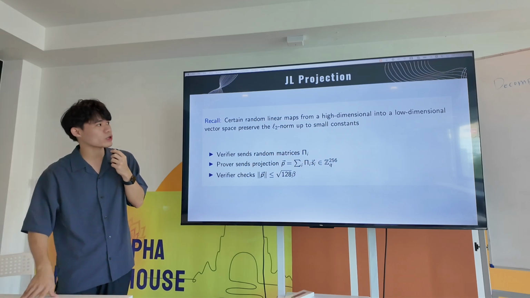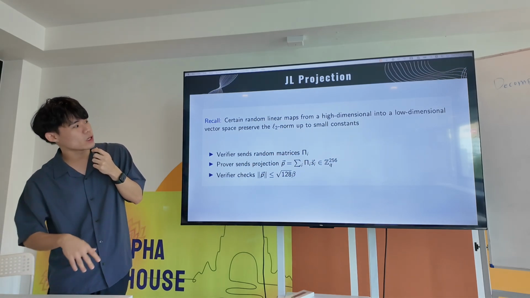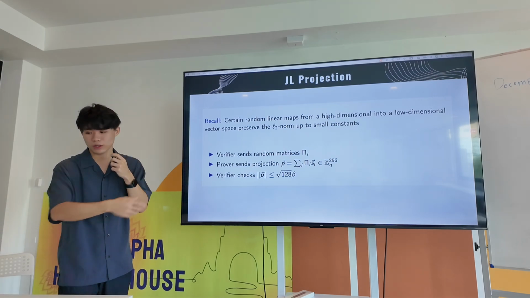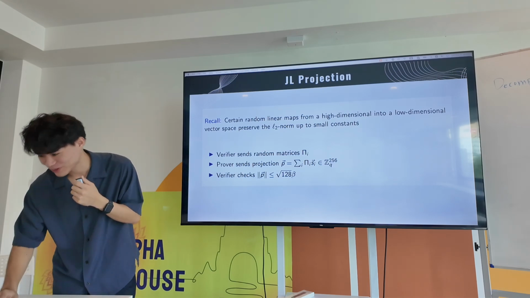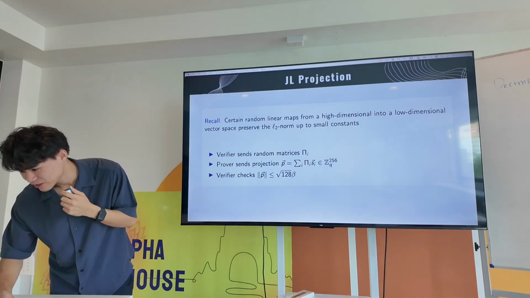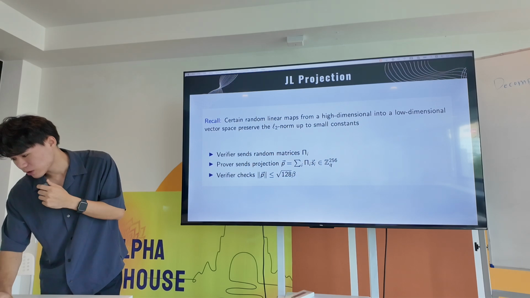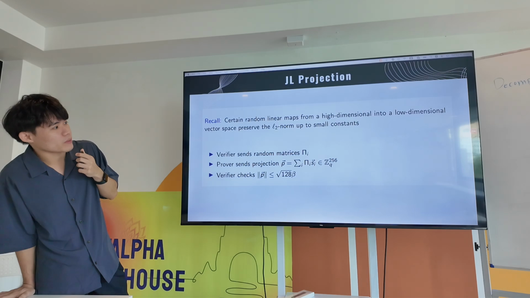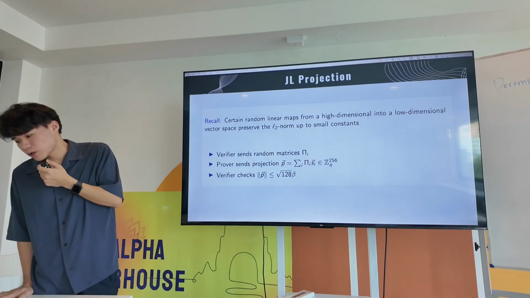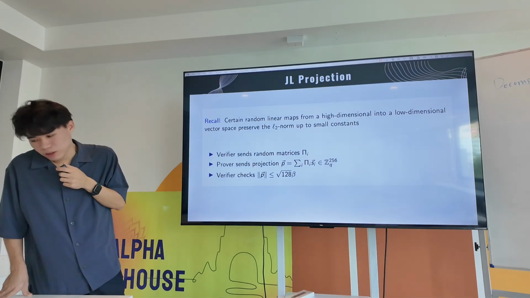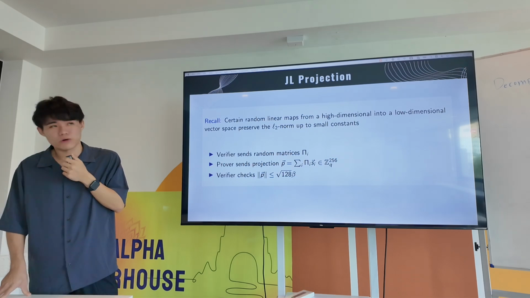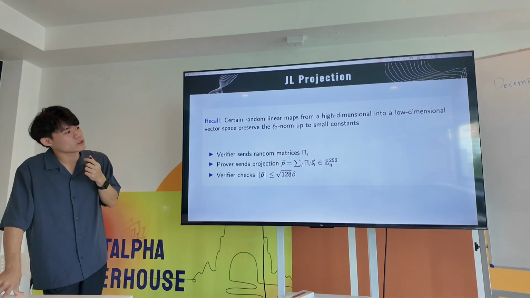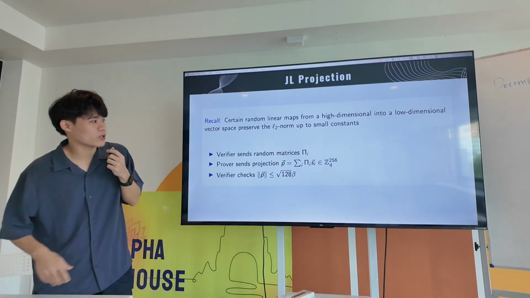Okay, so JL projection is a component we used in this paper. The JL projection is a certain kind of random linear map from a high-dimensional space to a low-dimensional space. The advantage of using it is that we can preserve the norm bound up to a small constant.